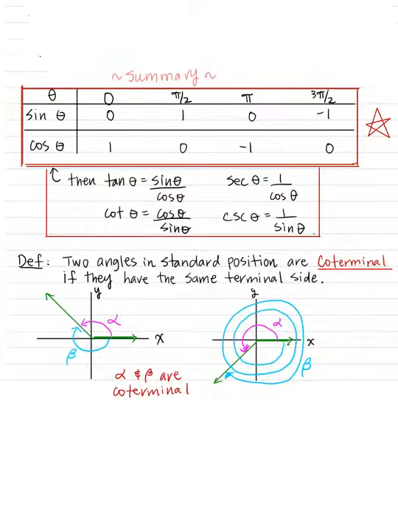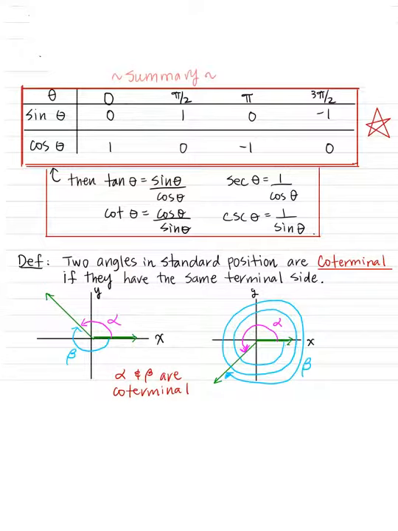So in summary, when theta is 0, pi over 2, pi, 3 pi over 2, those are all the quadrantal angles. I already wrote out the values for sine and cosine. Sine of 0 is 0, sine of pi over 2 is 1, sine of pi is 0, and sine of 3 pi over 2 is -1.